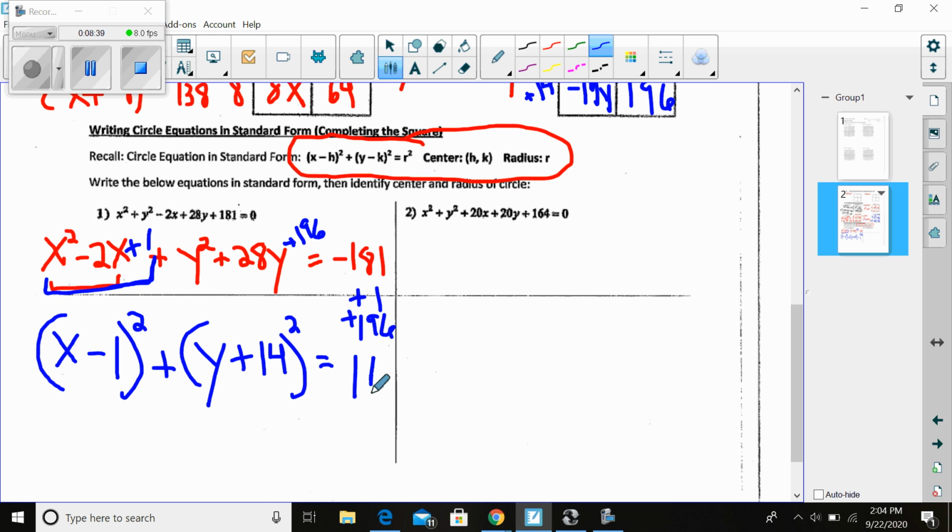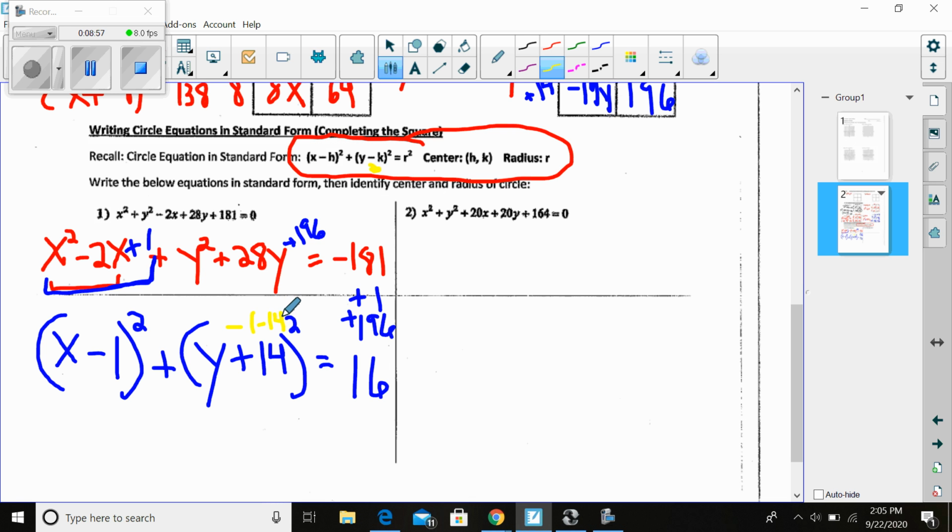So then I have to list what's the center and what's the radius of my circle. Now, don't forget that positive 14, because this is in the form of y minus k. So don't forget positive 14 is minus 14.